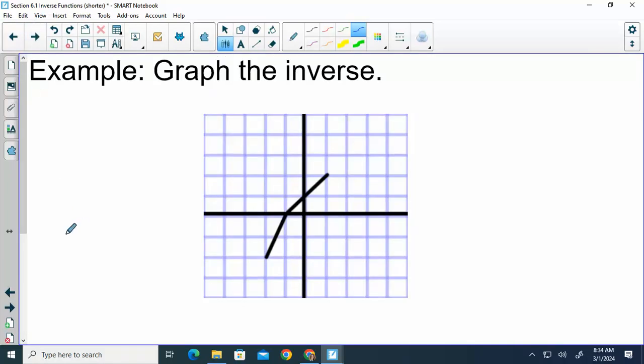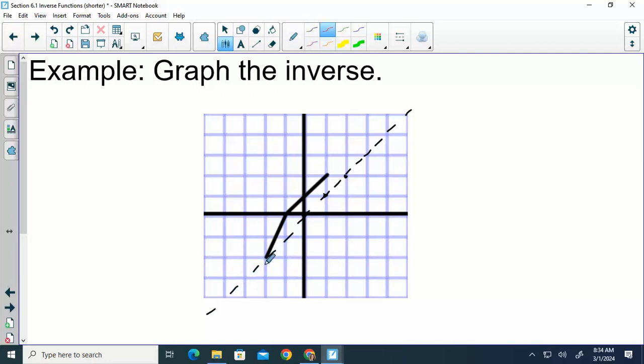So this one, I just gave you a graph, not an equation, and asked you to plot the inverse. So to me, the easiest option is just to take points and look at it, and we know they should be mirror images across y equals x. So y equals x is right here, so it should look the same on both sides of that.